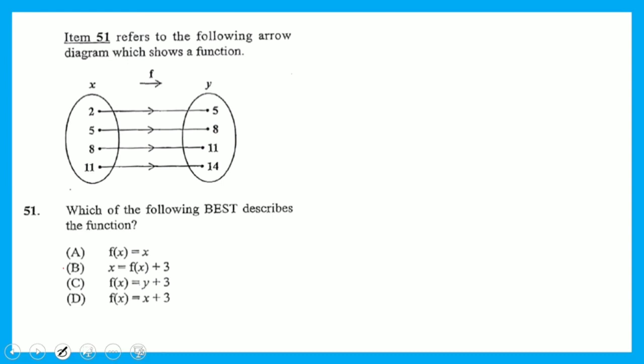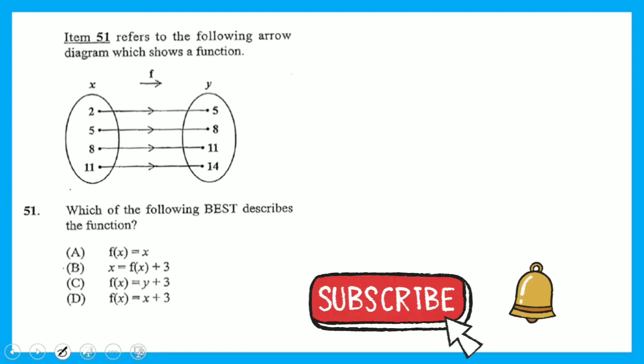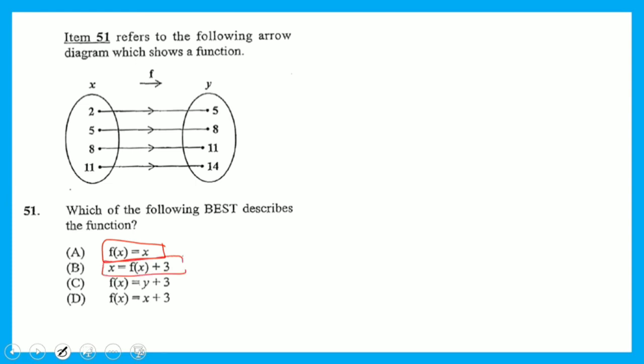For this one, we have a function here. Which of the following best describes the function? So you're going to test by using substitution. Is f of x equal to x? Meaning, is the y value equal to x? No. We have x equals f of x, which is y, plus 3.